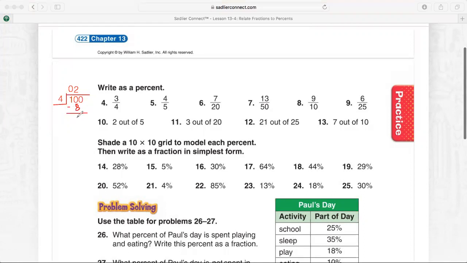Then I'm going to subtract. So it will be 20, so it will be 5. So my answer will be 25. So I'm going to multiply 4 by 25 to give me a denominator of 100. Also I'm going to multiply 3 by 25 to give me the new numerator. So it will be 75. So the answer here will be 75%.